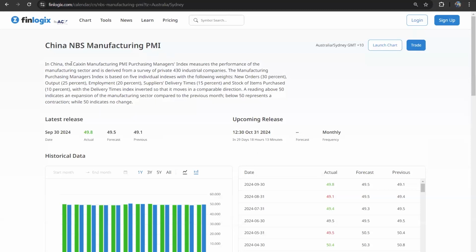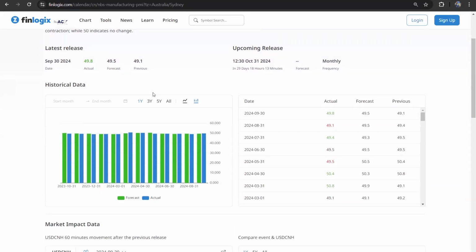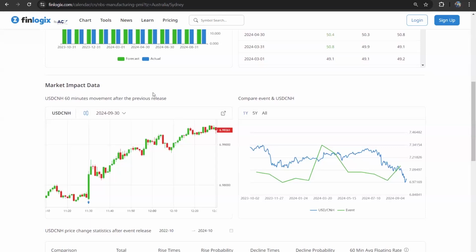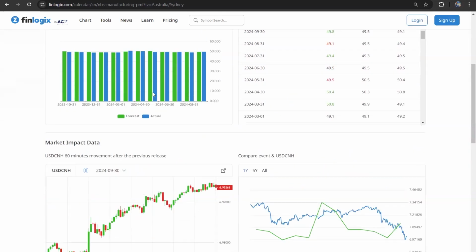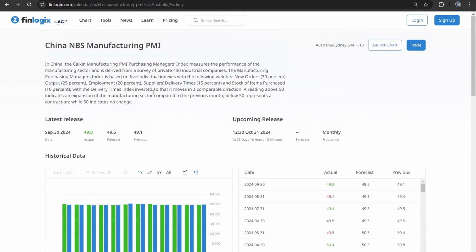So in China, the Caixin manufacturing PMI, Purchasing Managers Index, measures the performance of the manufacturing sector and is derived from a survey of 140 private industrial companies. And then it goes on. But the nicest thing here is that you can actually see what happened on the release of whatever news or data you may be looking at. So let's say this one is the China NBS manufacturing PMI.